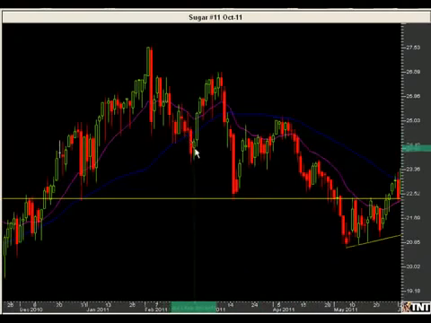Notice here, once sugar prices crossed over and officially became bearish, you can either consider this point here, or you can consider this leg of the market down here.